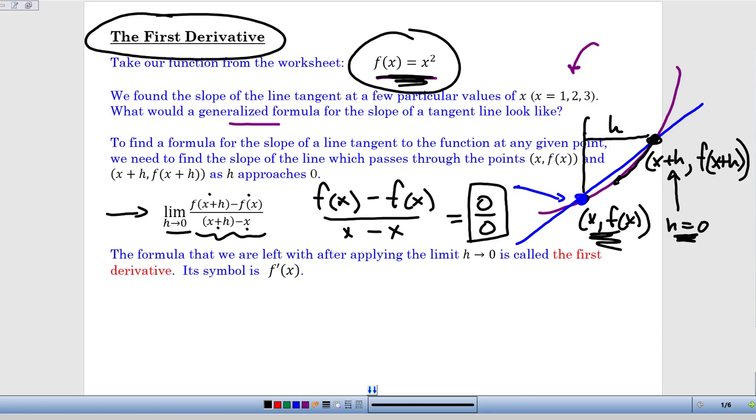There are a couple of different symbols for indicating that we're looking for the first derivative, but the easiest way is with this f prime, or f apostrophe of x. That notation indicates that we're working with the first derivative, the formula that represents the first derivative of our original function.